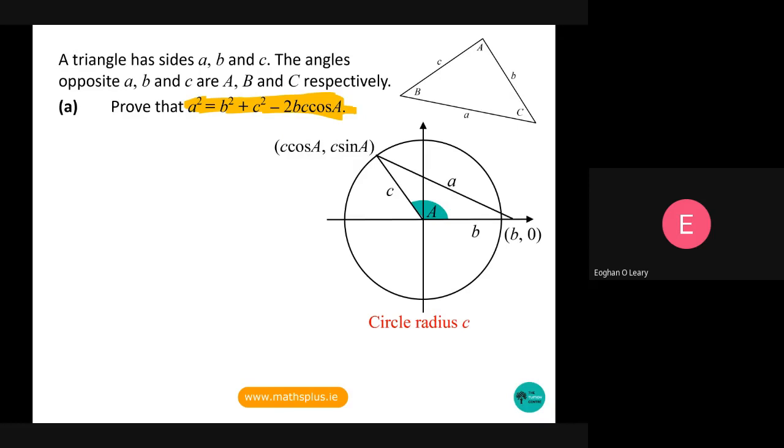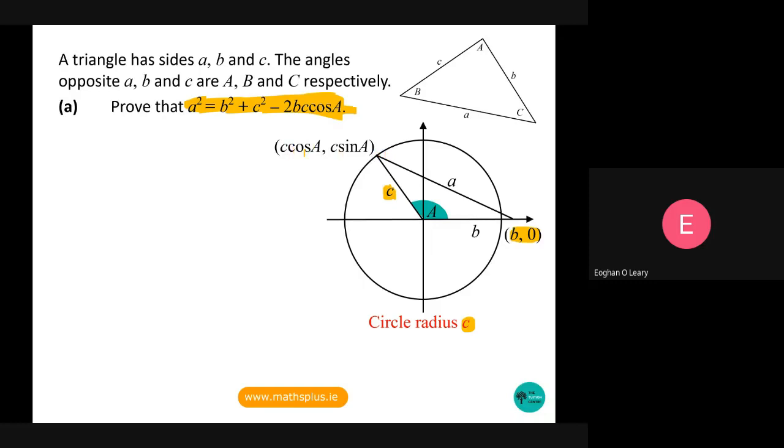Well, again, this is what I mean. It's not going to come to you to just draw this particular diagram unless you know it. What we're doing is drawing a circle of radius c. We have a point at (b, 0), so it's on the x-axis, a distance of b from the origin.